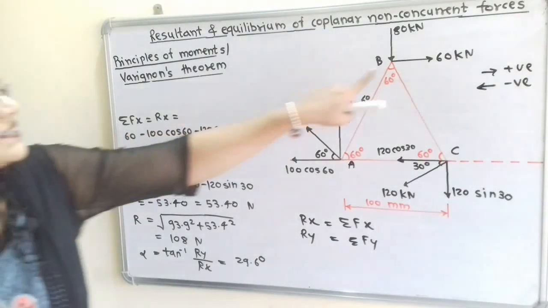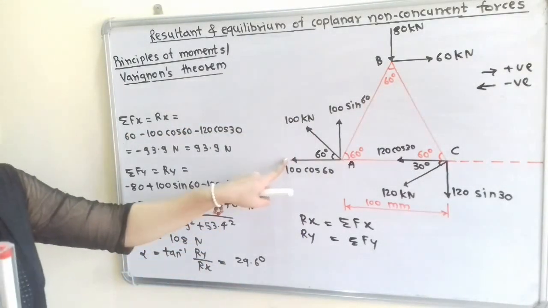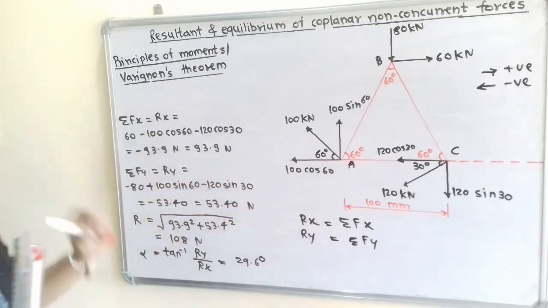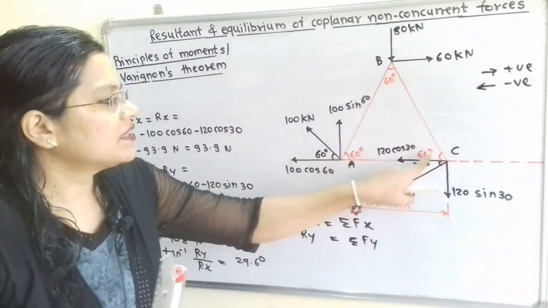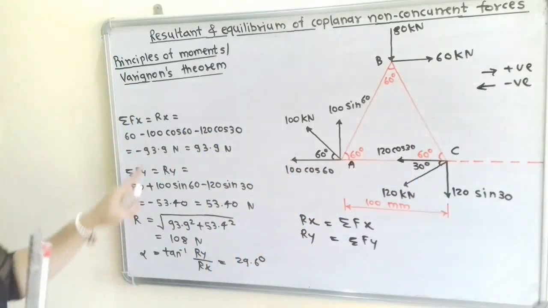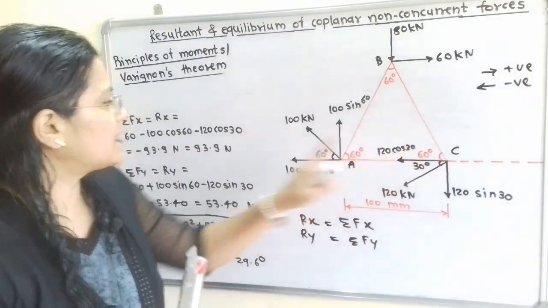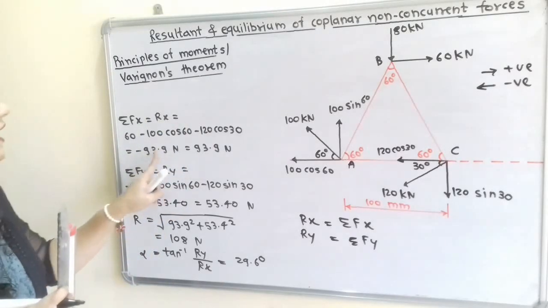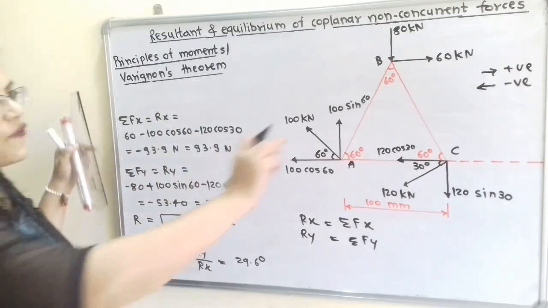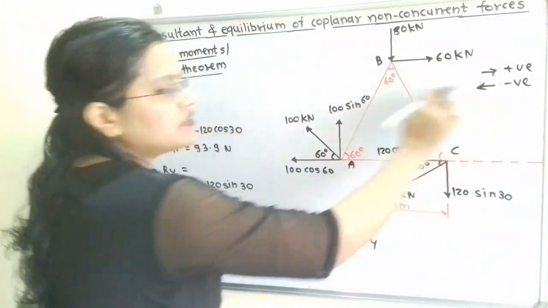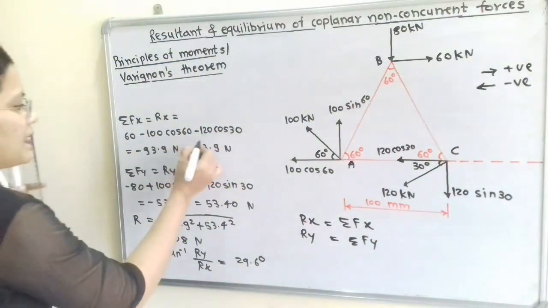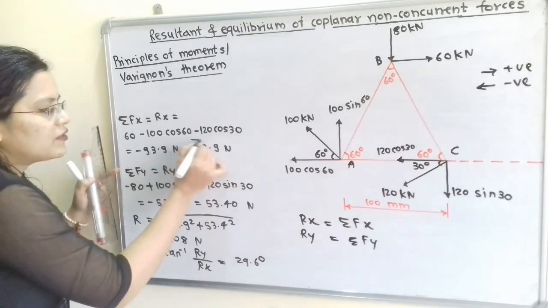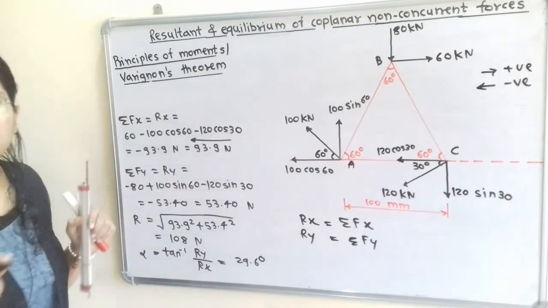So we take 60, then here is 100 towards the left hand side, so minus 100 cos 60, and this force is also towards the left hand side, so minus 120 cos 30. When we solve this, we get minus 93.9 Newton. For the negative sign, the direction is towards the left hand side. So Rx is 93.9 Newton and the direction is here.